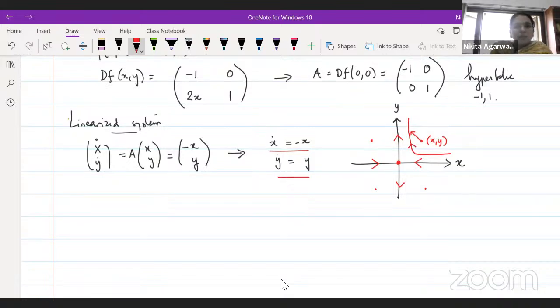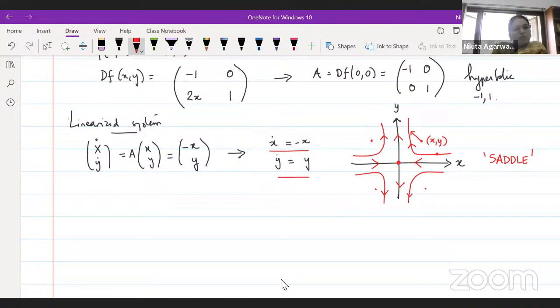If you start with any initial condition here, the solution curve will take this form. As t increases, it goes in this direction. Similarly, here you can fill up the curves. It goes in this direction, and this direction, and this direction. Right? Okay. So in dynamics, this situation is called a saddle situation. This is happening at the linear system level.